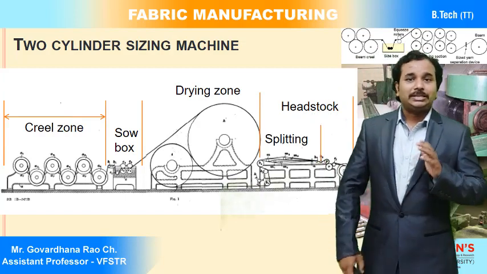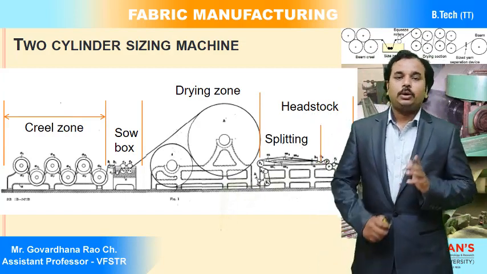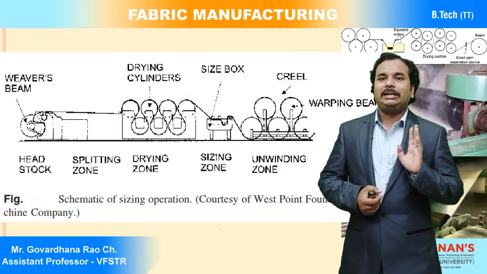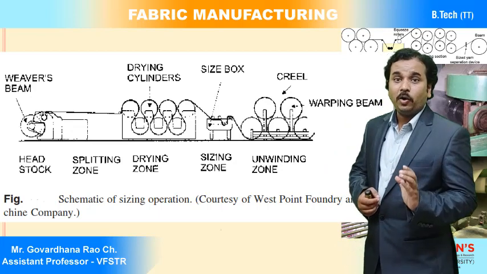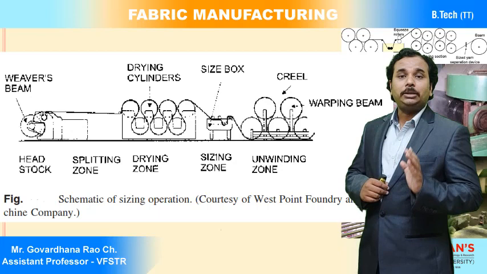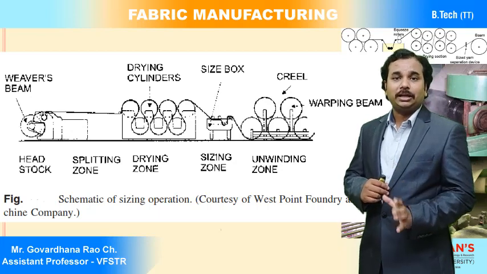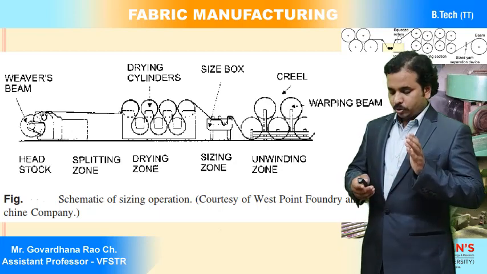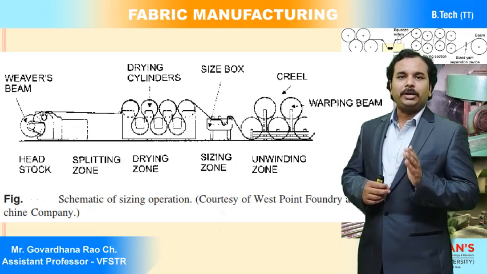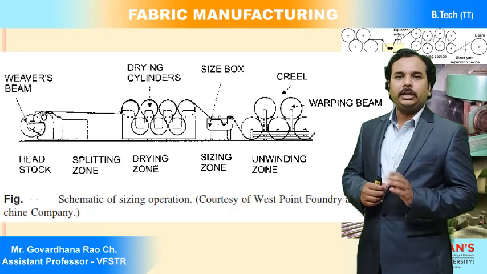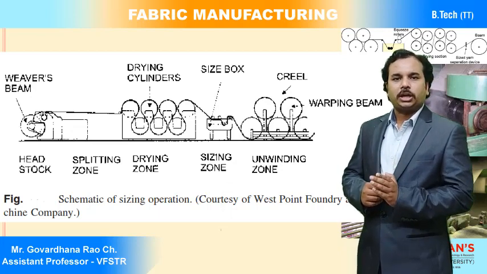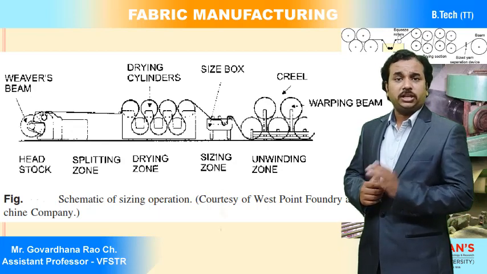That is why the sizing machine is called a 2-cylinder sizing machine. In the case of a multi-cylinder sizing machine, we have multiple drying cylinders. For both, the principle or method of drying is the conduction method of drying. We will discuss the methods of drying in the further slides.